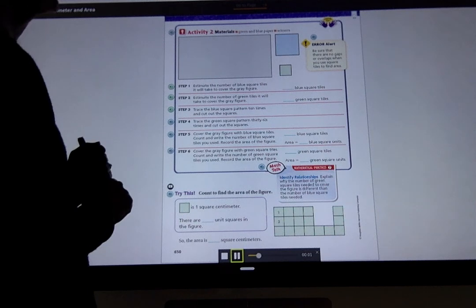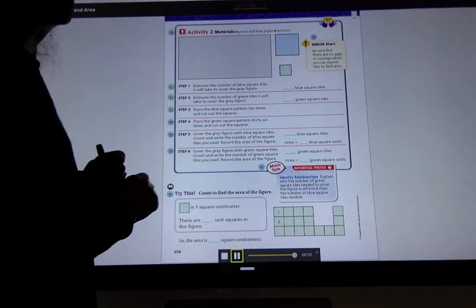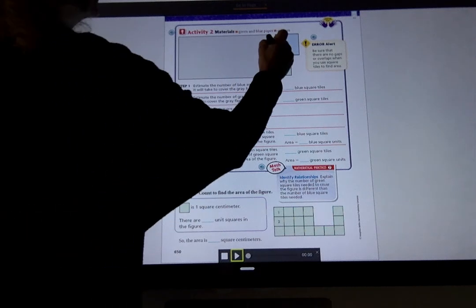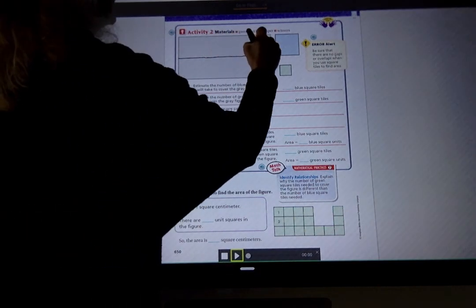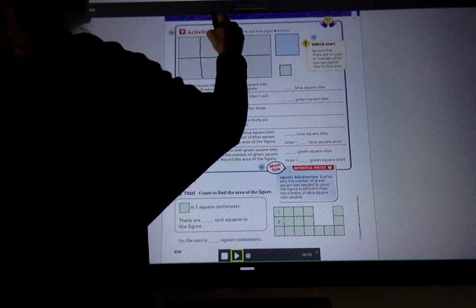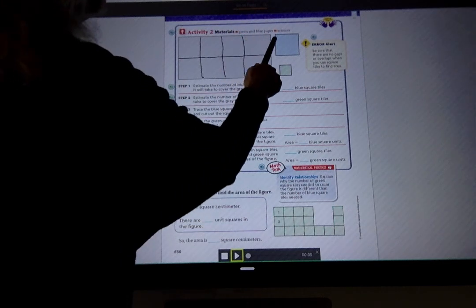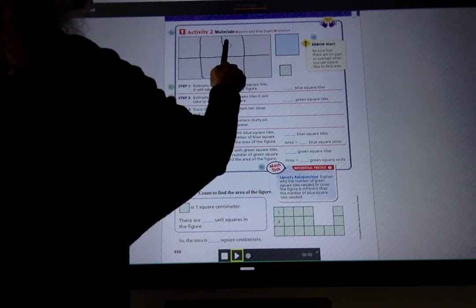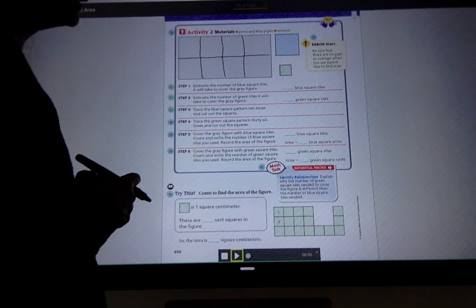Step 3. Trace the blue square pattern 10 times and cut out the squares. We're not going to do that. We're going to just estimate by doing what I did here and take a look and see. Does that look about 1, 2? They're not exact because I'm just drawing them, but I think it looks pretty close.